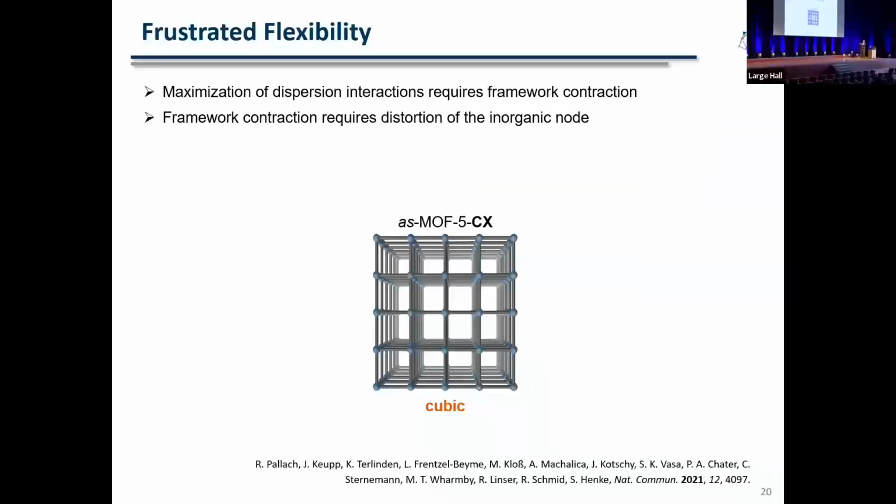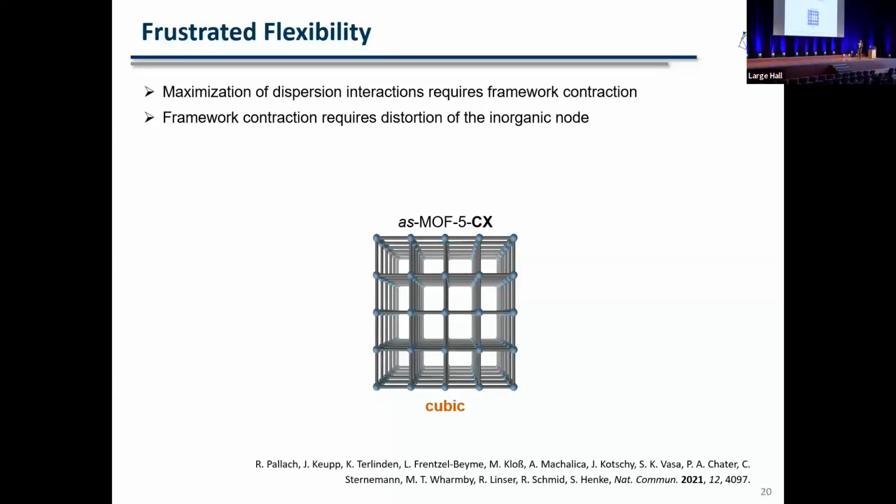All right, so we called this phenomenon frustrated flexibility because there is an interplay between the enthalpic forces in the framework, so the dispersion interactions of these side chains, and the coordination bonds. The coordination bonds want to be straight.